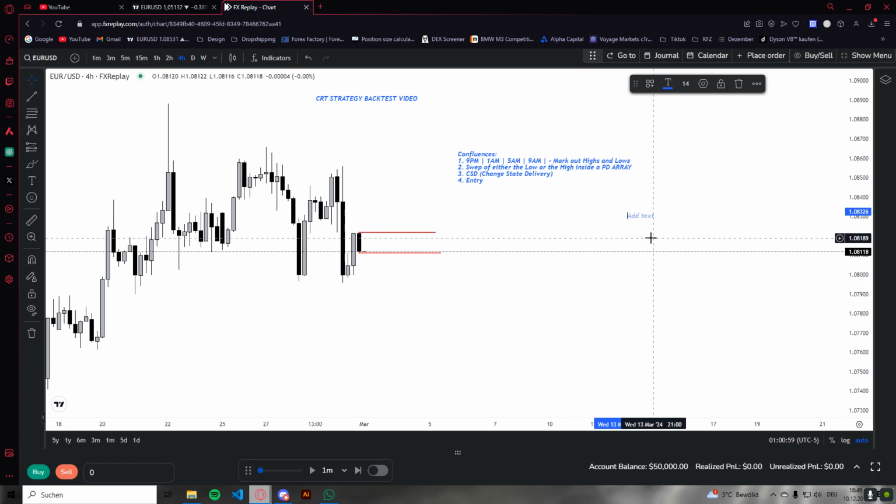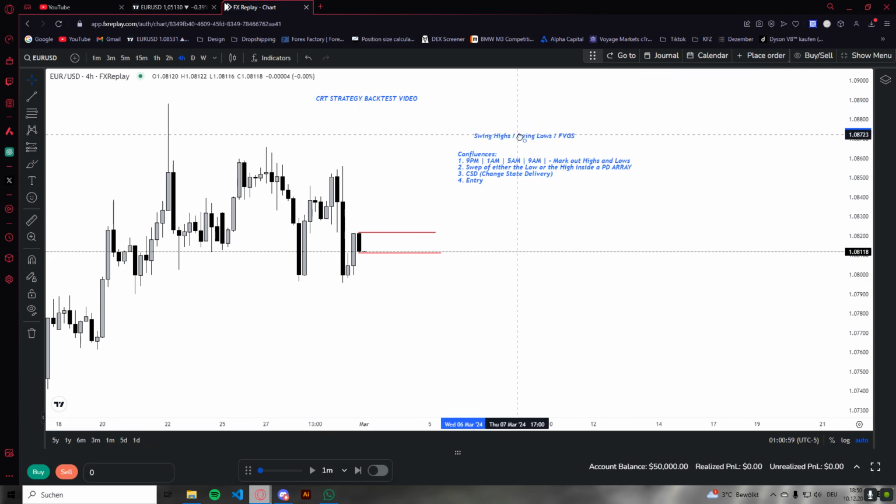But I just use swing highs, swing lows, and fair value gaps. That's it. No order block, no rejection block, no breaker block, nothing. Just swing highs, swing lows, and fair value gaps.